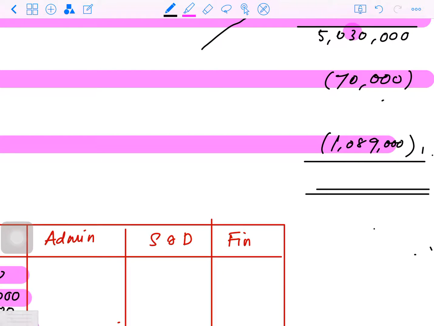Just to double check kita punya ni, silap kat mana. 3705 plus 160, 150, minus administration cost.